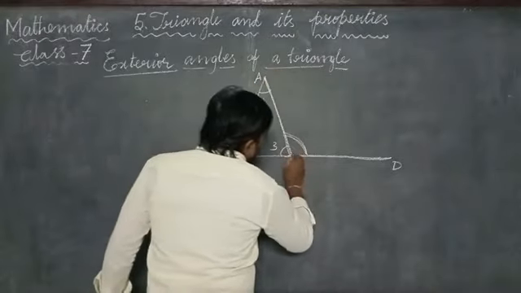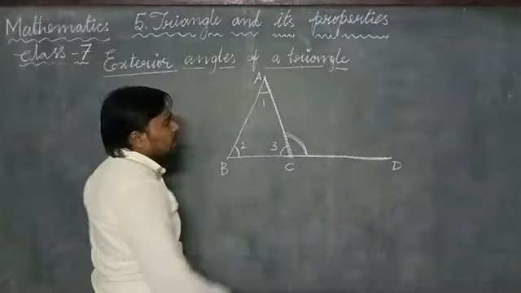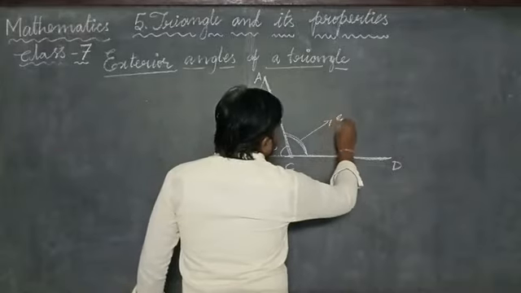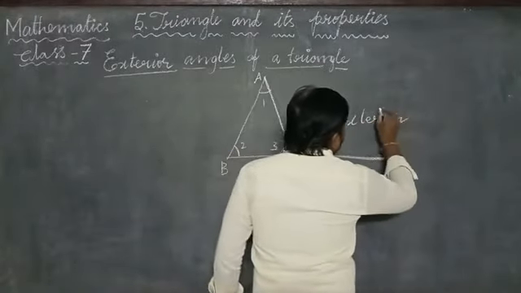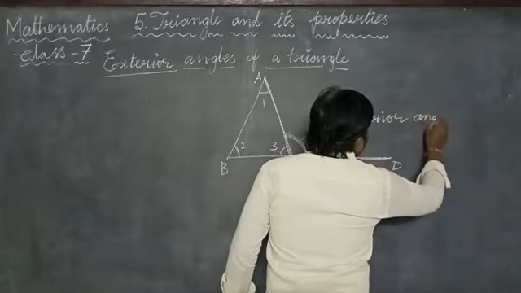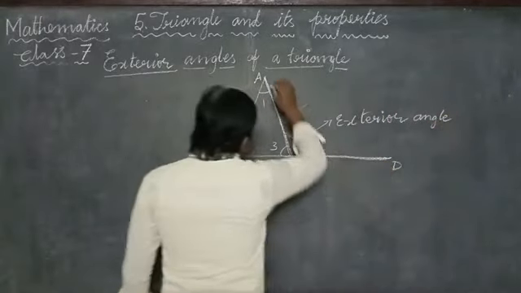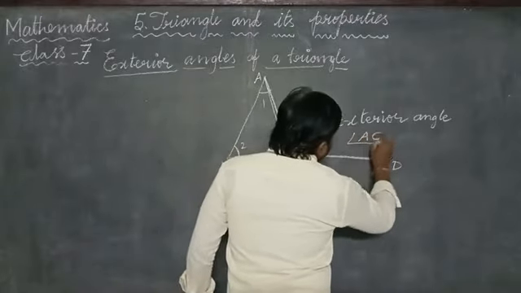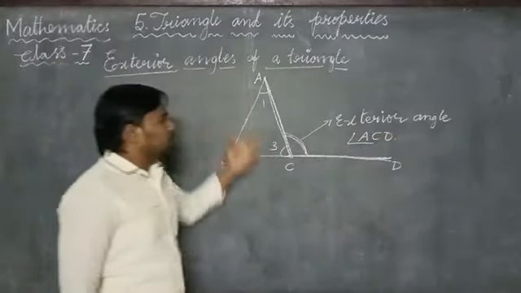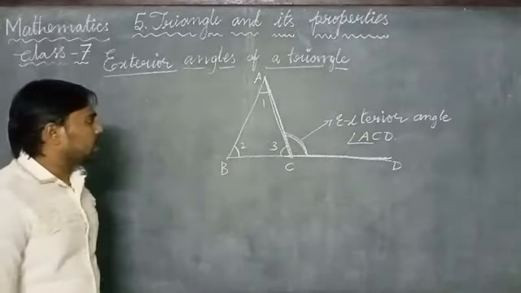Angle ACD, this is the exterior angle, can be written as angle ACD. Angle ACD is the exterior angle of a triangle.